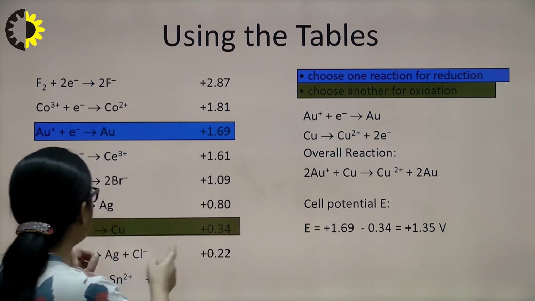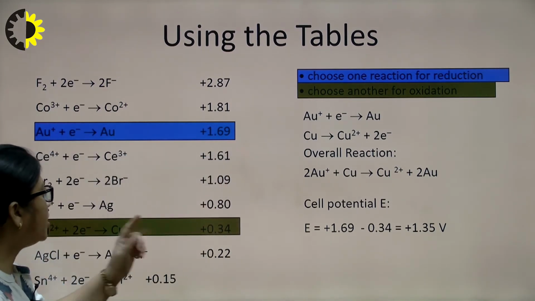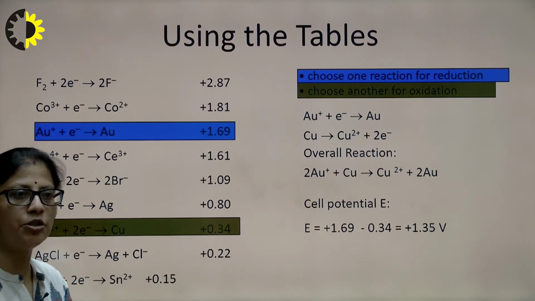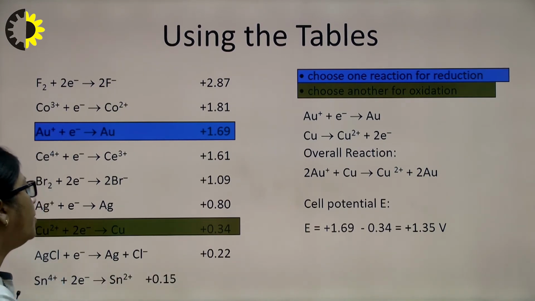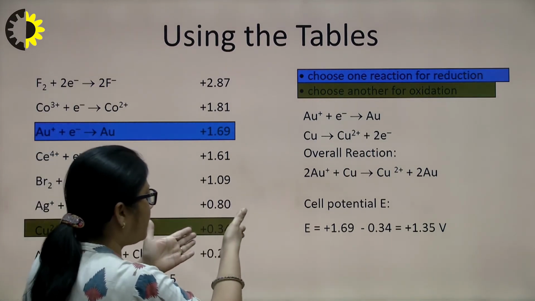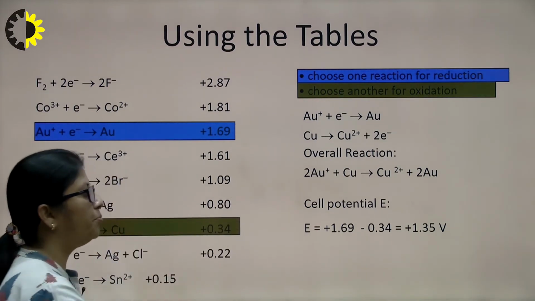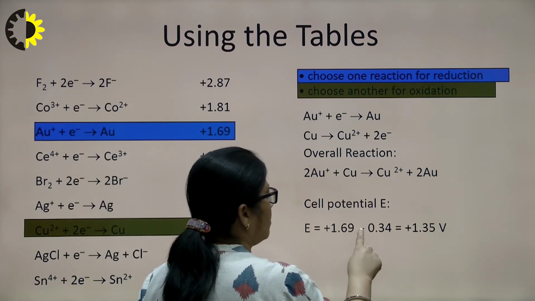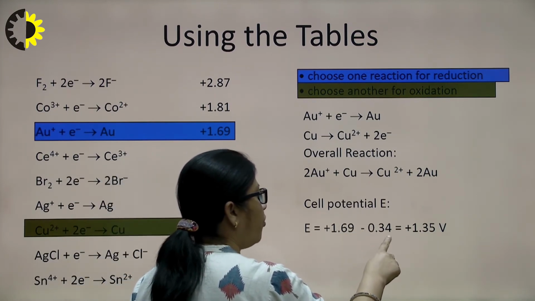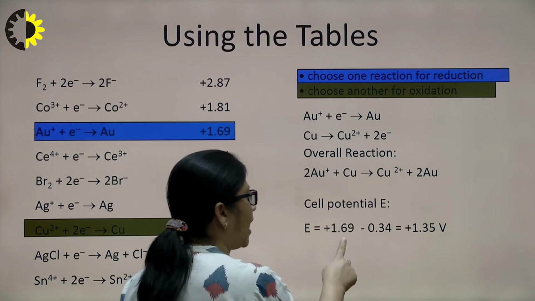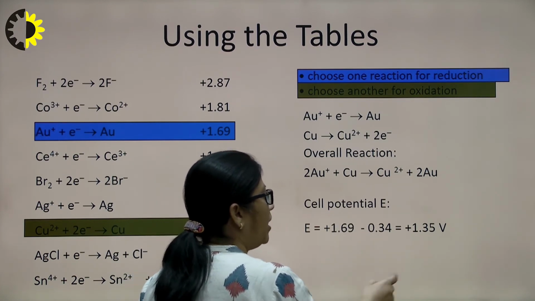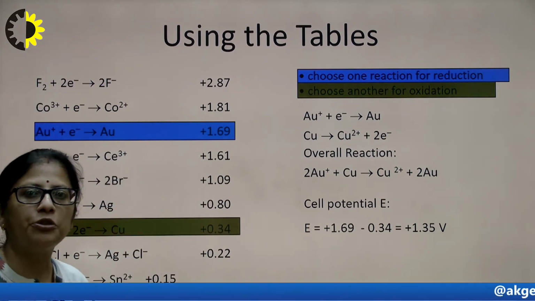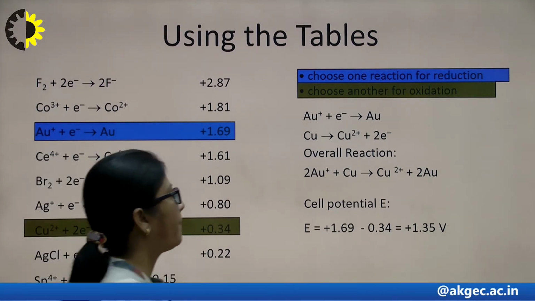It was positive for the reduction reaction, but since we are using the reaction for oxidation now, the sign of my half cell potential should be reversed. Therefore, it is minus 0.34 volts. So, E cell is equal to E cathode minus E anode, and the result will be plus 1.35 volts.